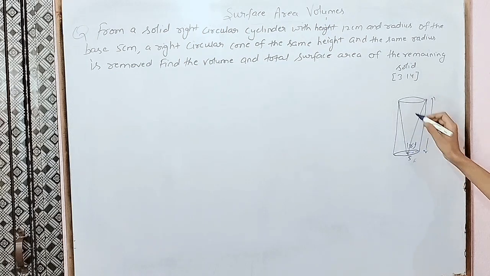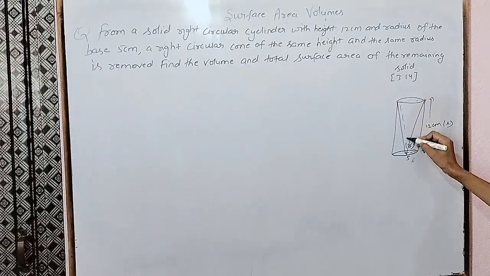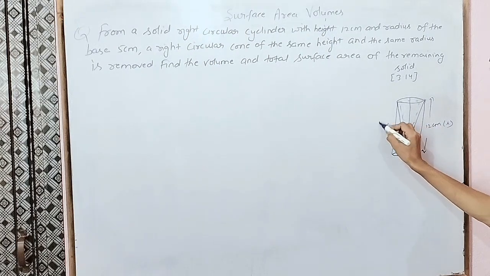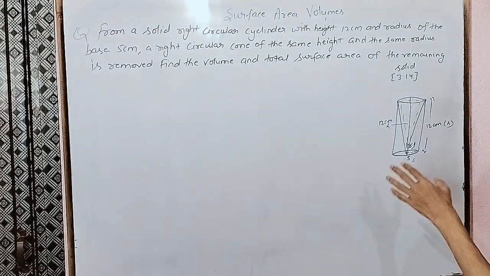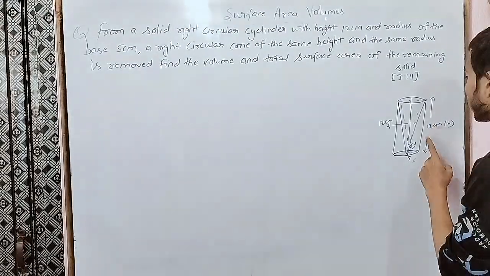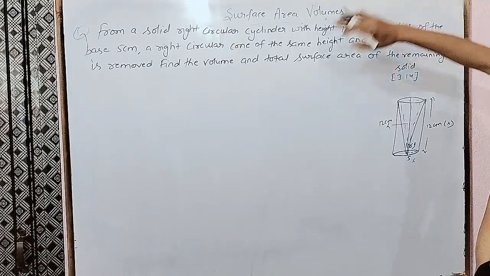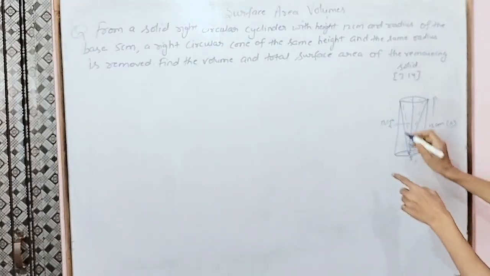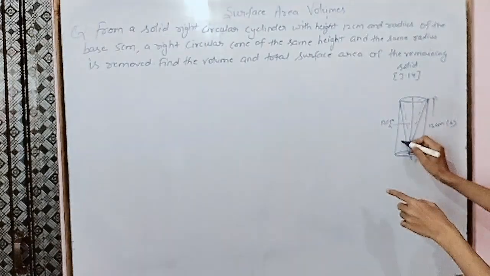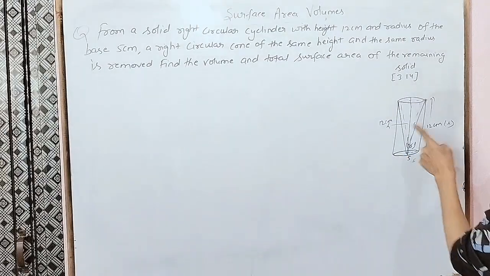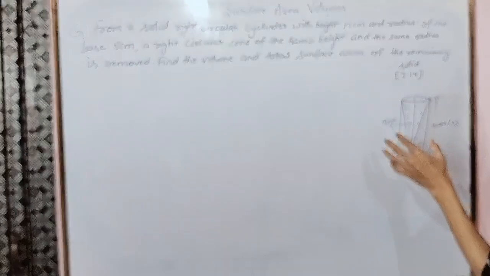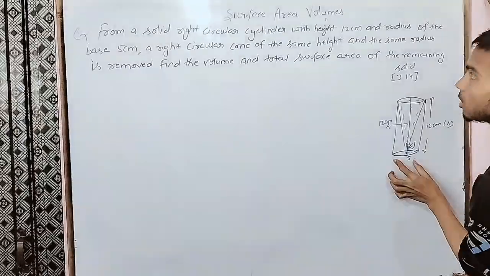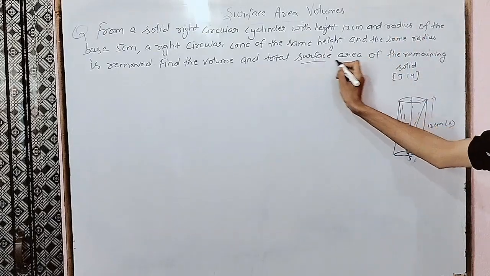So we are making a cone, and the height is 12 centimeter, and the radius of the cone is 5 centimeter. Find the volume and total surface area of the remaining solid. So we will find the area of the remaining solid, not of the cone. Of course we will subtract. First we will find the total surface here. This is the same surface area.